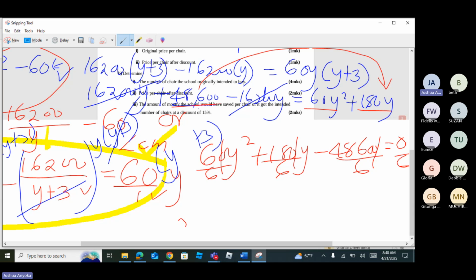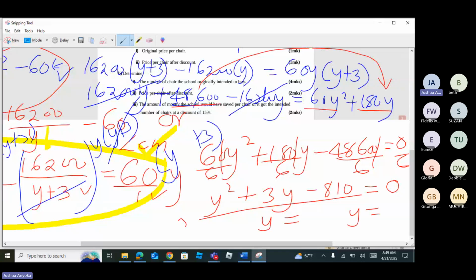So we have y squared plus 3y minus 810 is equal to 0. I want you to substitute this in the quadratic formula and get me the values of y. Faster, I get the values of y.